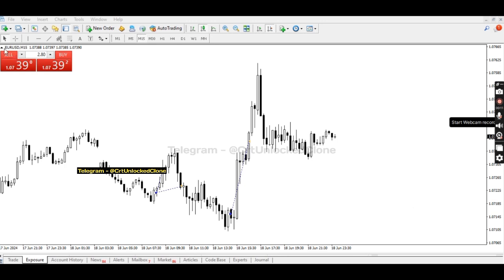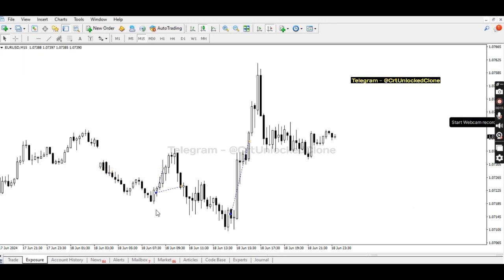Okay, so this is my execution right here. You can see, first of all, I took my entry right here at this order block, which was a marked model 1 entry, and I took some partials right here at the 50% of the range, and then I got out of the rest of the trade right here at break even.